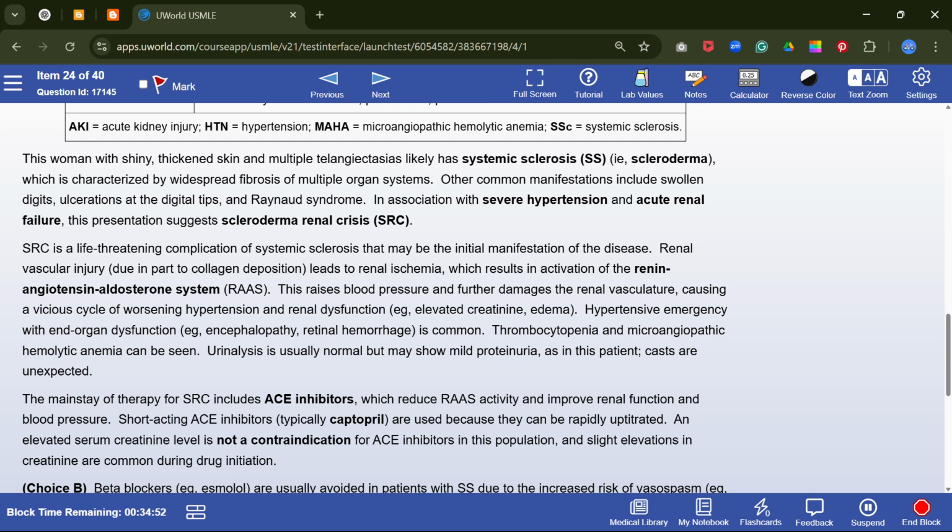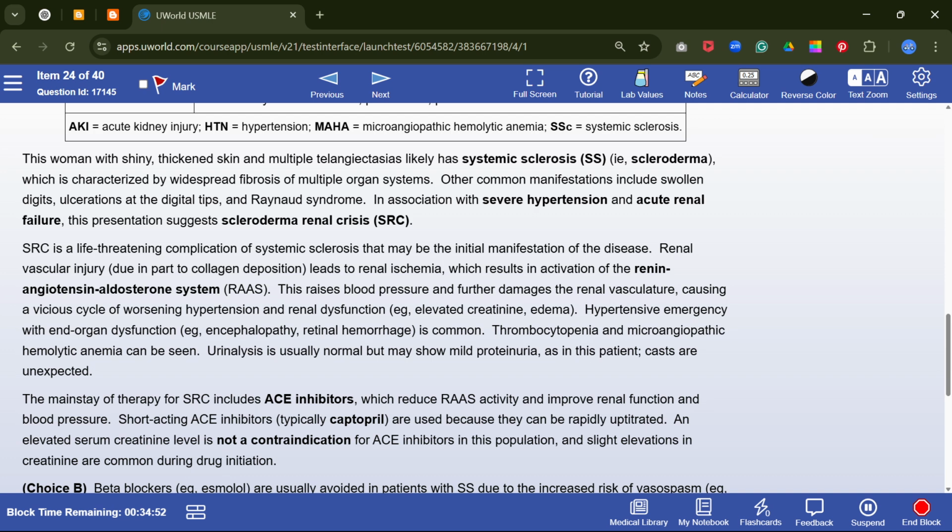Other common manifestations include swollen digits, ulceration at the digital tips, and Raynaud's syndrome. In association with severe hypertension and acute renal failure, these presentations suggest scleroderma renal crisis, a life-threatening complication of systemic sclerosis that may be the initial manifestation of the disease.